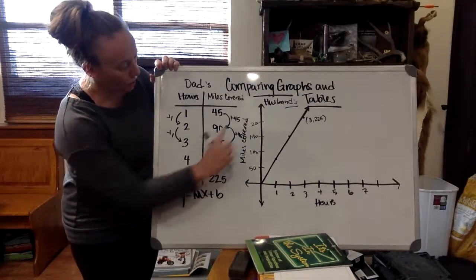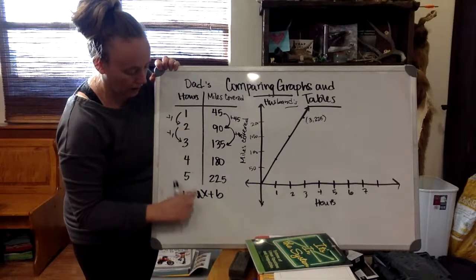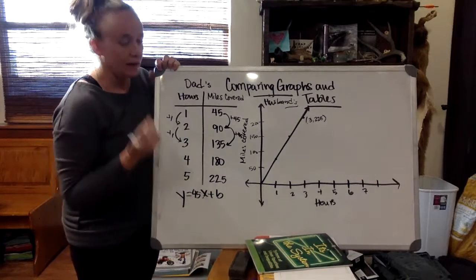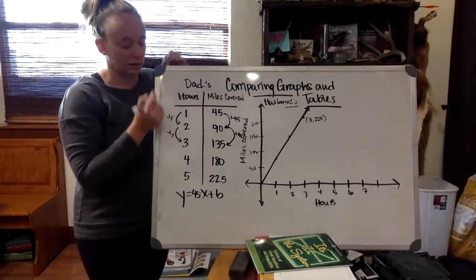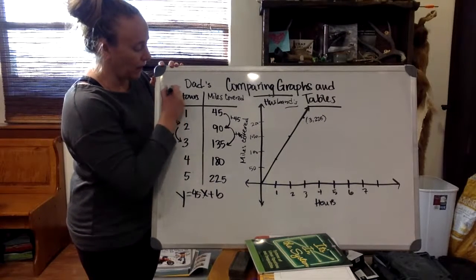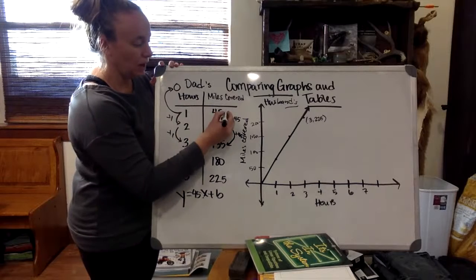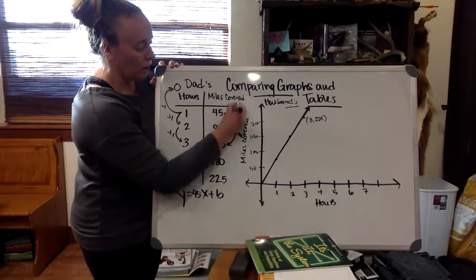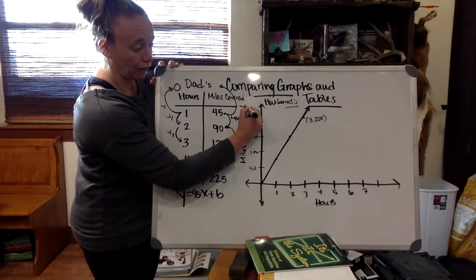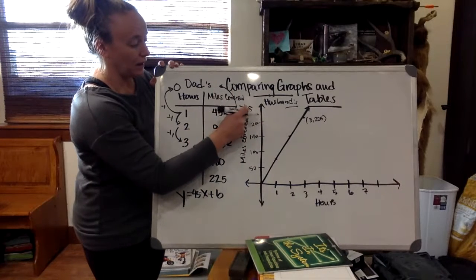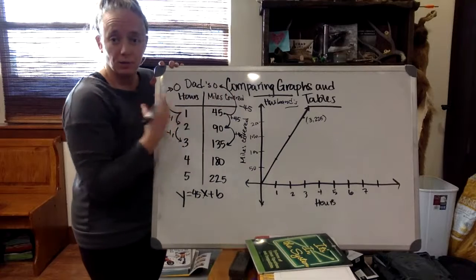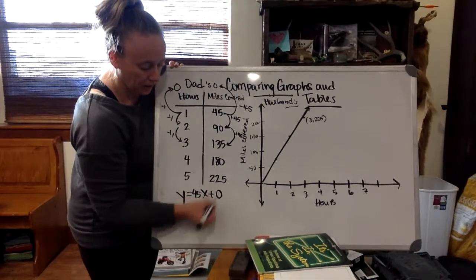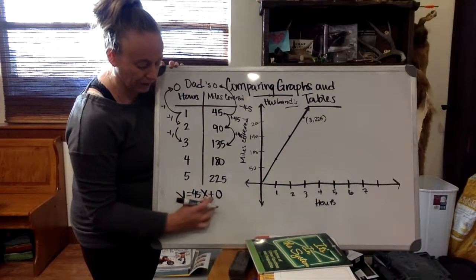My slope is 45 over 1, or 45. Now I need to use this slope to work backwards to find my y-intercept. My y-intercept is when x is equal to 0, so I'm subtracting 1. If I subtract 1 over here, I need to subtract 45. 45 minus 45 is 0. So 0. y equals 45x plus 0.